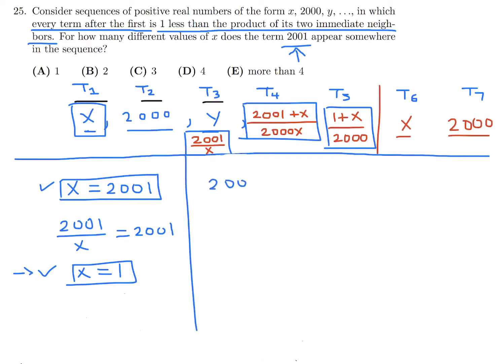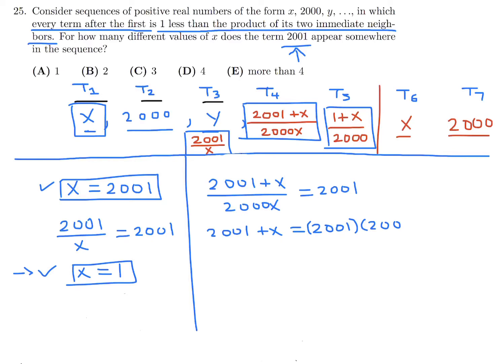All right. So I hope you understand. So again, T4, we got to let that equal 2001. Probably have a little bit more algebra here. So we got 2001 plus x is equal to 2001 times 2000x, like that.